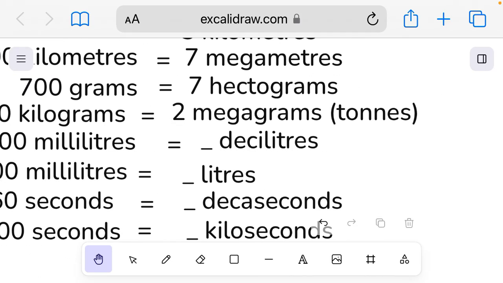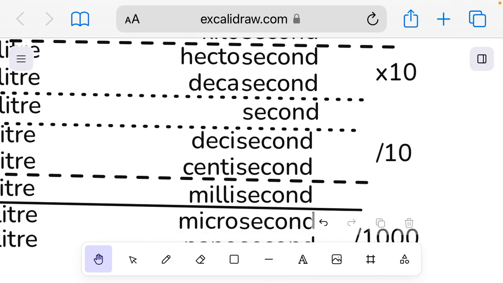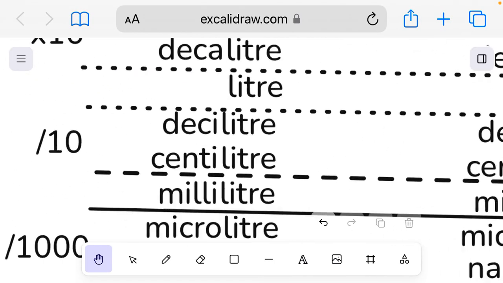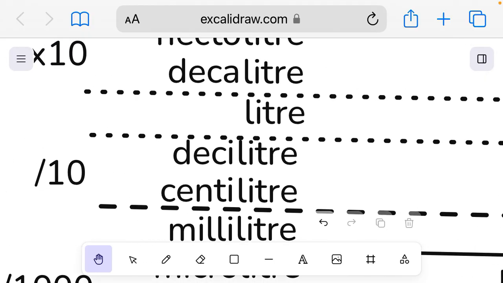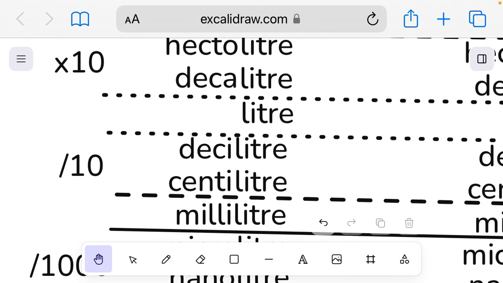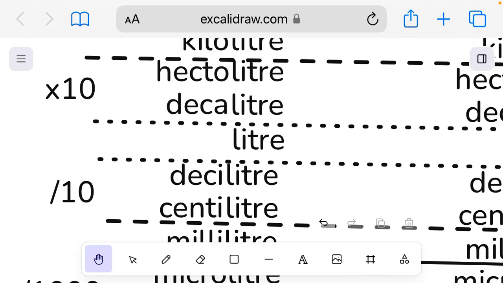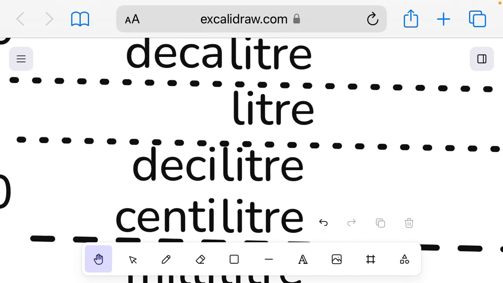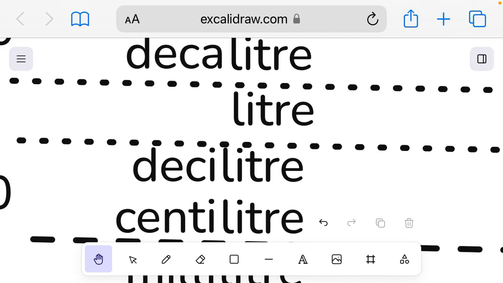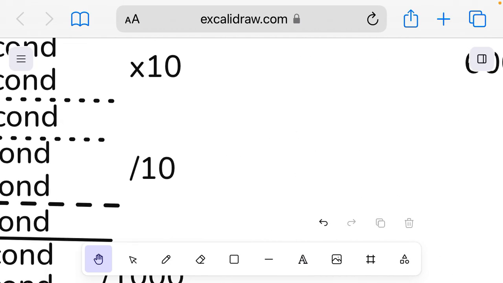Deci is simply 10 times smaller than the base, so you have to divide by 10. So basically, a liter is simply 10 deciliters. So you know what it is, right?